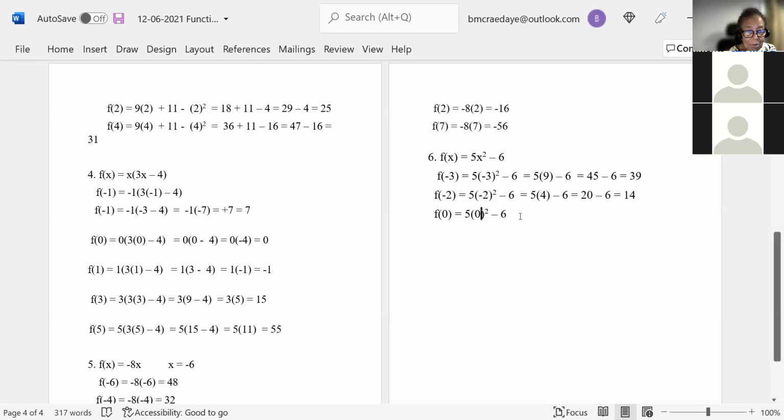So what's 0 times 0? 0. Right. So what's 5 times 0? Any number times 0 is 0. So that would be 0 minus 6. And that would be equal to what? Plus or minus? Minus 6. Yes, 0 minus 6 will give you a minus 6. Okay, so that's the answer when the input is 0.